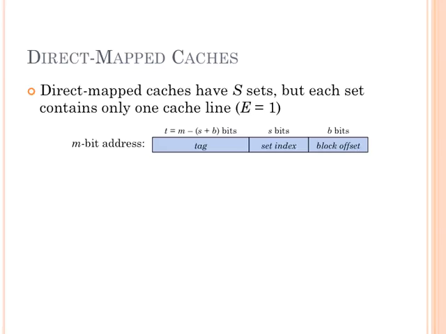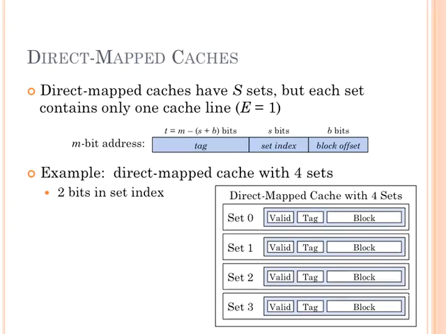Okay, so direct map caches have S sets. Each set only contains one cache line. So this is easy. We have a lot of bits in our set index, so you can see that S is going to be larger. So that makes us happy. And the easy thing is we have basically a one-to-one comparison. Is this block actually in the cache set that it maps to? I just look at the one tag that's already in there.